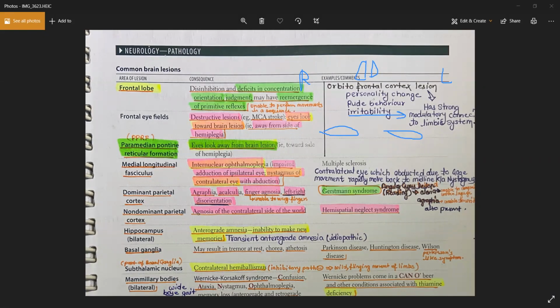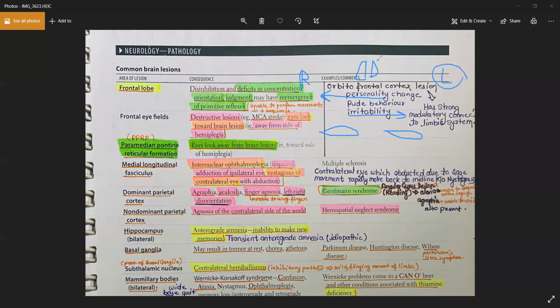And whenever the left cortex is activated, it will make the eyes look on the right side. So kind of opposite. Now, whenever you get a left-sided lesion, that means your left cortex gets damaged, the right cortex will take over and it will make the eyes look towards the left side, right? And that means towards the lesion.